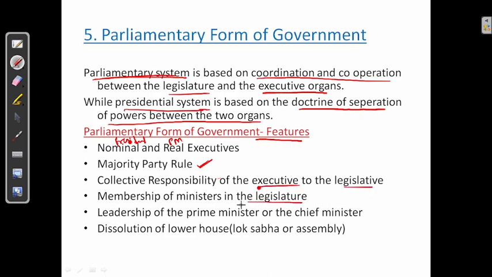Next, membership of ministers in the legislature. Leadership of the PM or a chief minister. All these are features of the parliamentary form. Next is dissolution of the lower house, with a maximum term of 5 years.